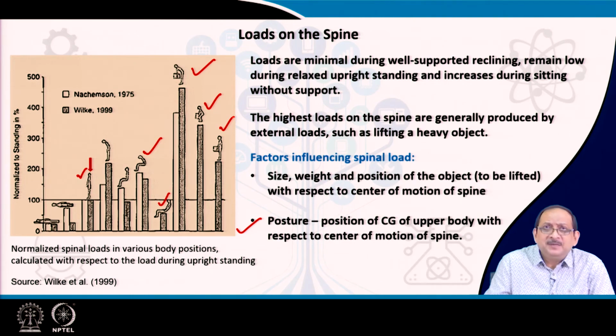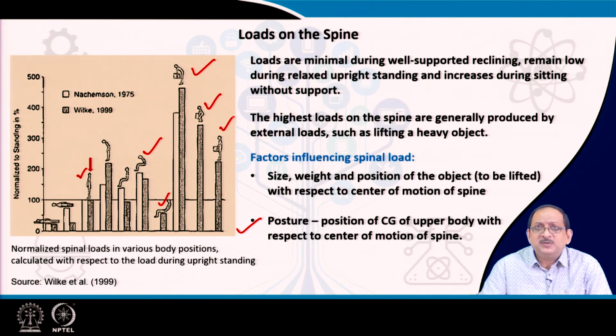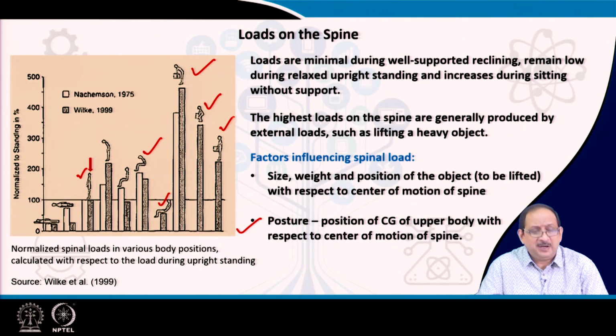The factors influencing the spinal loads are the size, weight and position of the object to be lifted with respect to the center of motion of the spine. And the second important point is the posture, the position of the center of gravity of the upper part of the body with respect to the center of motion of the spine.